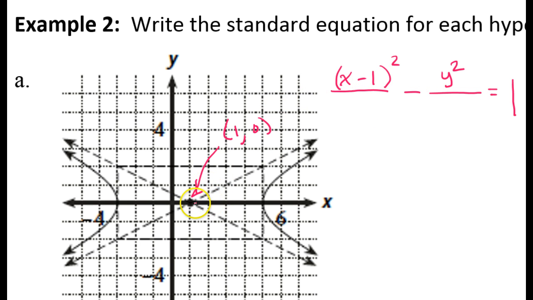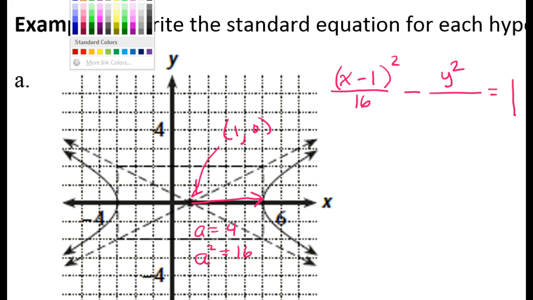Remember that the a value is just the distance from the center to a vertex. So this is 4. So we see that a is 4. So that means, of course, a squared is 16. So the first denominator is going to be 16.